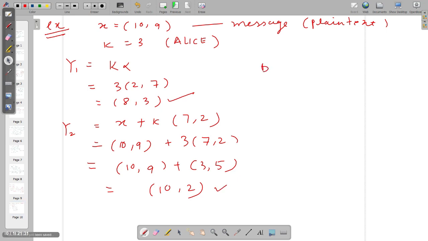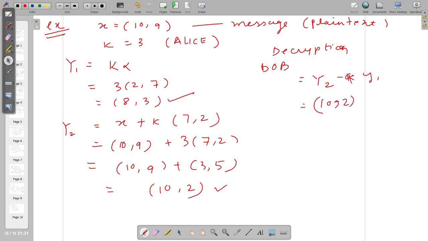What Bob is going to do as decryption is y2 minus a y1. So it is going to be 10,2 minus 7 times 8,3.